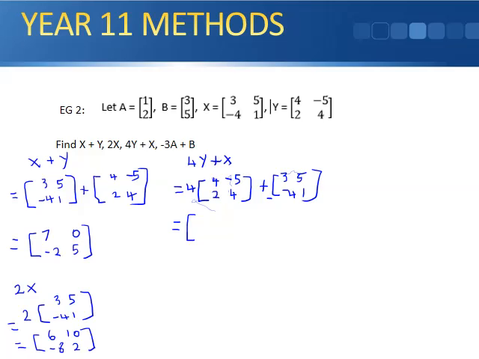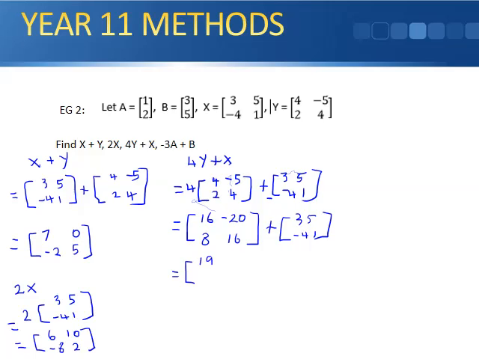Multiply it by the scalar, because if you don't, then you might get it wrong. So multiplying by the scalar, we get 16, -20, 8, and 16. And then you can add that matrix 3, 5, -4, and 1, so that you don't get it wrong.